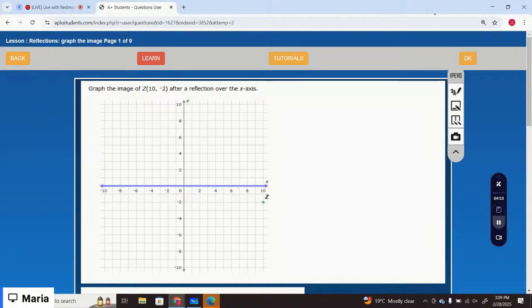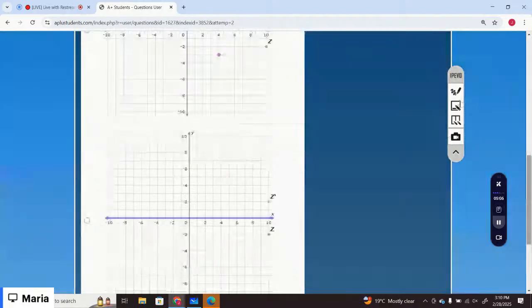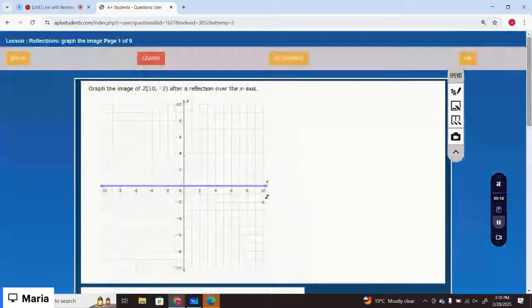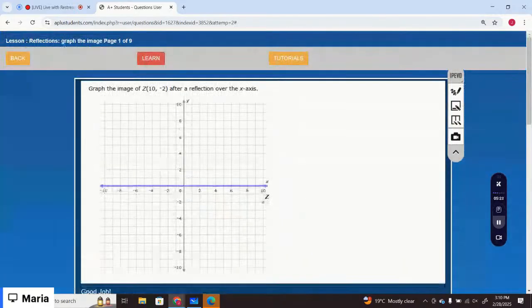So the point Z is 2 points below the x-axis. The reflected image is 2 points above the x-axis. So option number 1 is the correct option. You can see here Z dash is the reflected image of point Z. Okay, so option number 2 is the correct option.